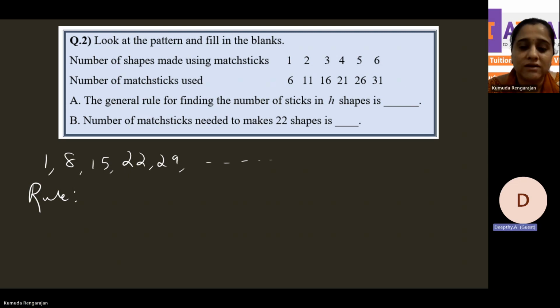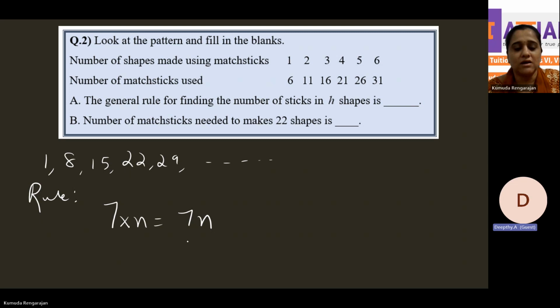Mom, can I answer? Yeah, Deepthi, what's the first step? Mom, the first step is to find the difference. What is the difference? Mom, it is 7. Okay, next step. Then you compare 7 with n or any variable. Then 7 into n, 7n.